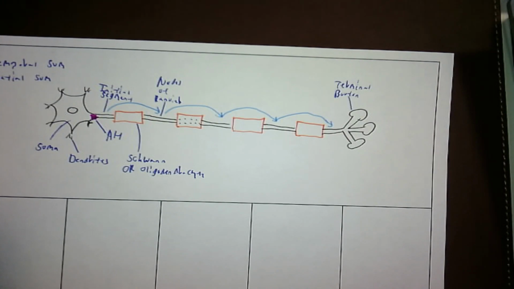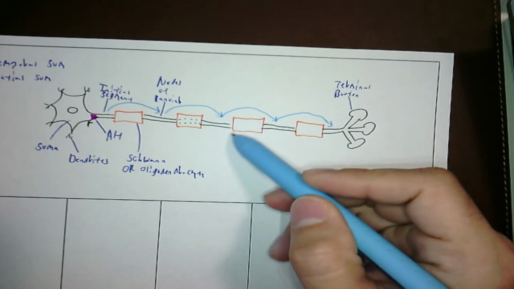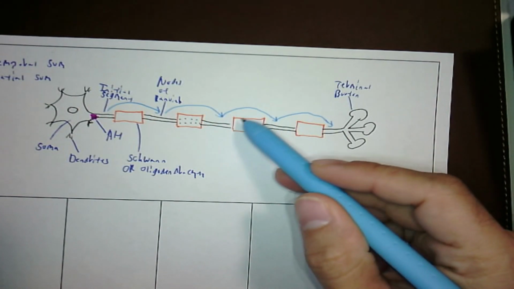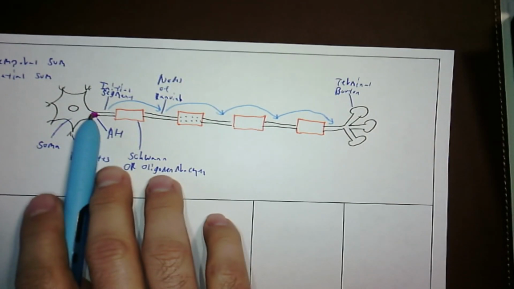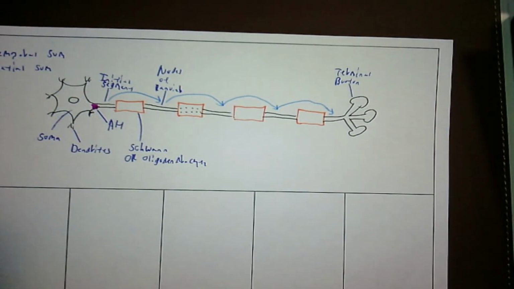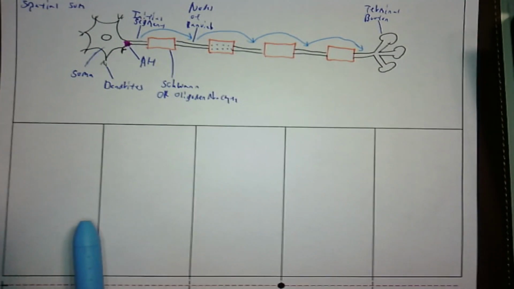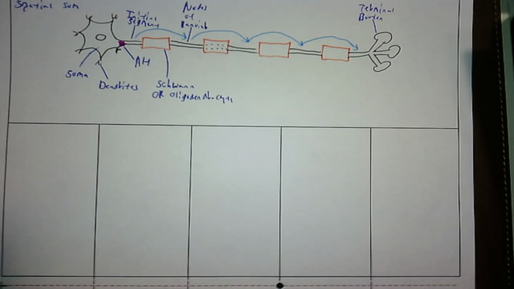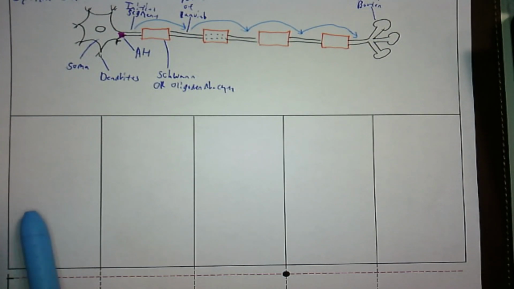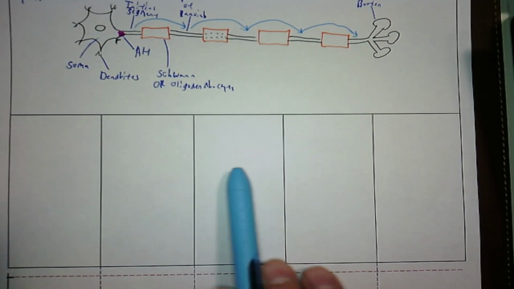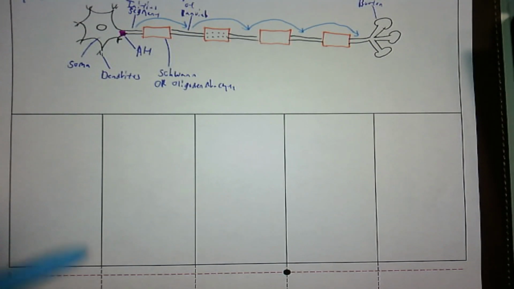But what I want to do now is think about what exactly is happening at each of these nodes as an action potential reaches it. What's happening just before, what's happening when the action potential reaches it, and what's happening after. We're going to use this image we just drew to help explain an action potential, and we're going to draw out an action potential using these panels here.